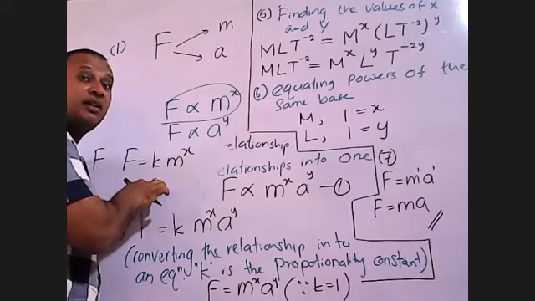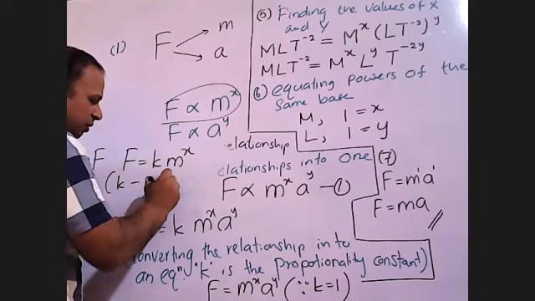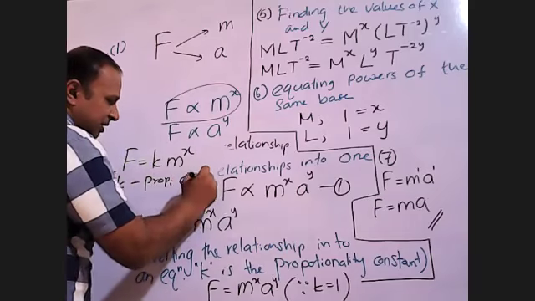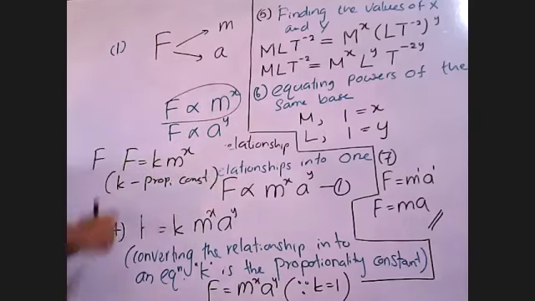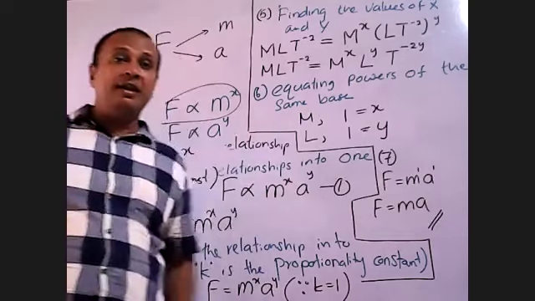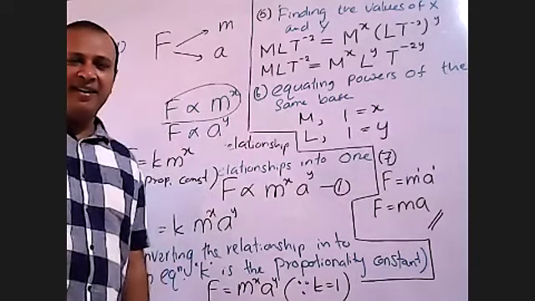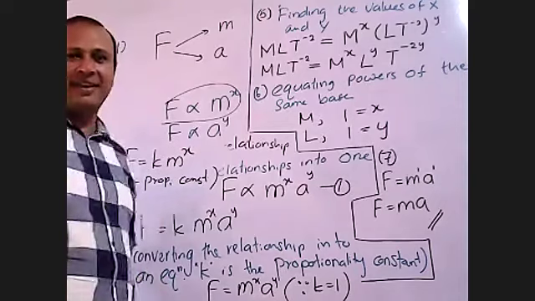So you have to mention what k is. K is a proportionality constant. That should be mentioned. Otherwise, you cannot bring any other foreign physical quantity. Therefore, you have to mention what k is.